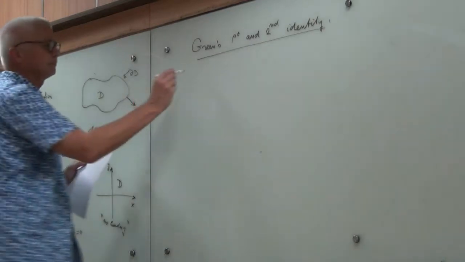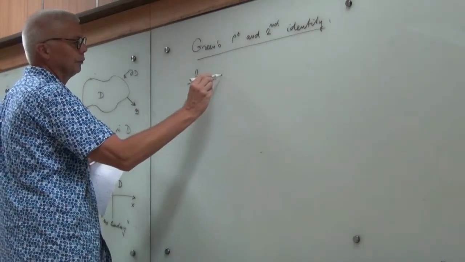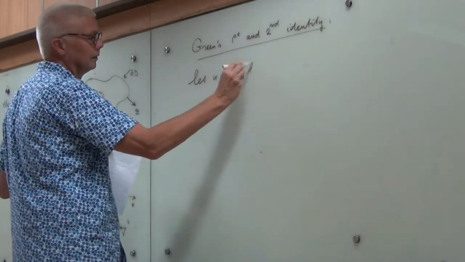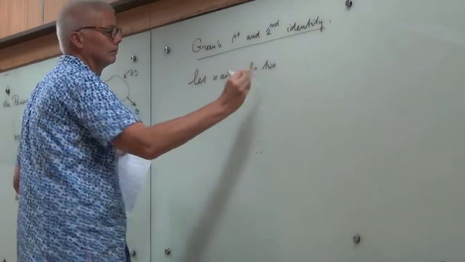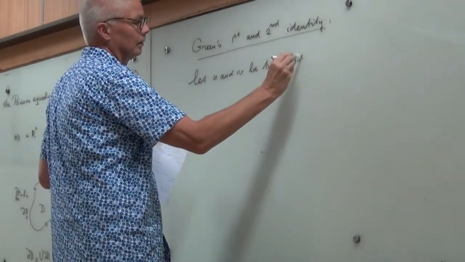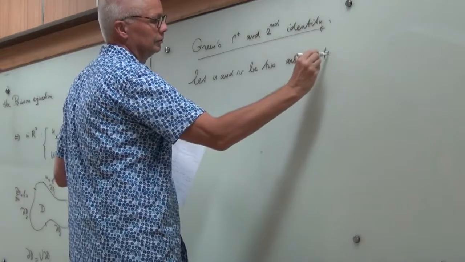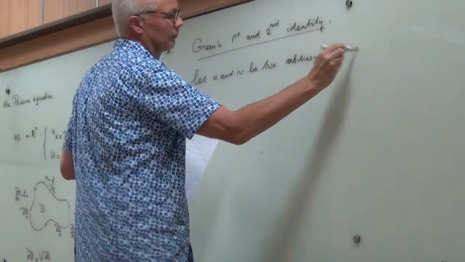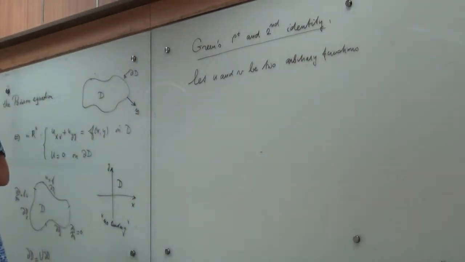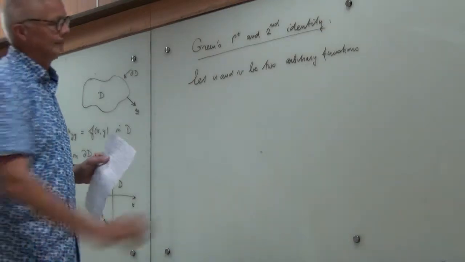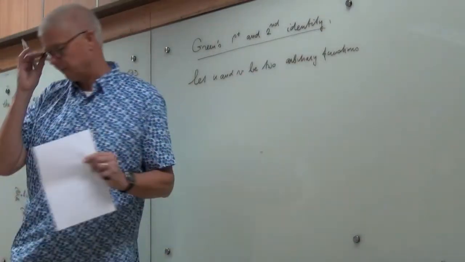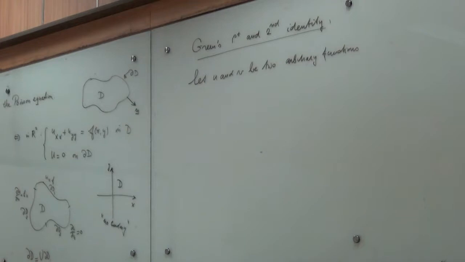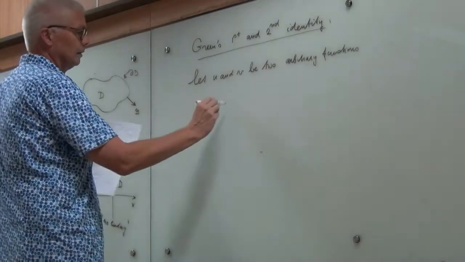Green's first and second identity. Let u and v be two arbitrary functions. With arbitrary we mean they are sufficiently smooth, and if I need a derivative of that function, it satisfies this property.